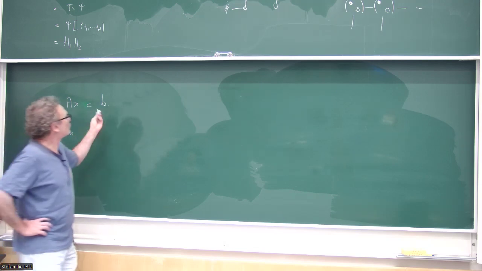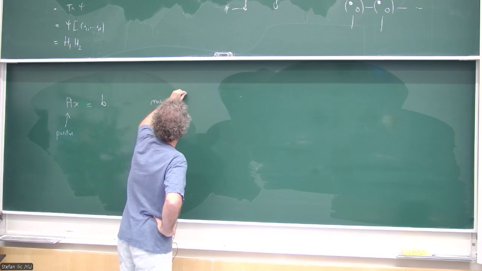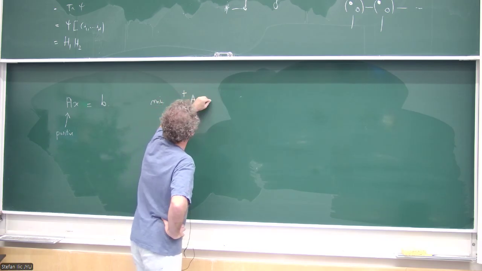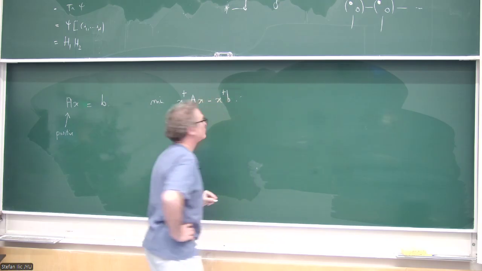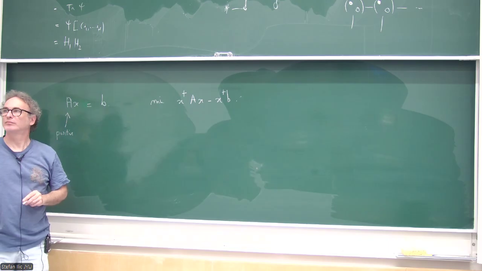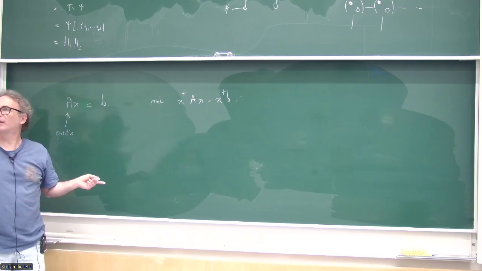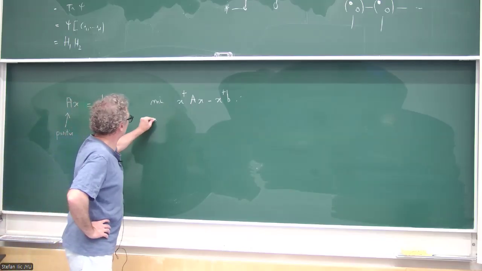Then to solve this, you can just minimize x dagger A x minus x dagger b. But then we are back on track. It looks like a minimization problem. So you can actually build this guy.